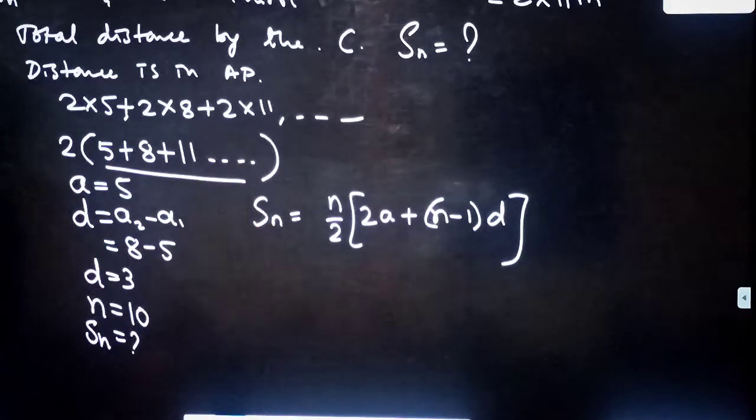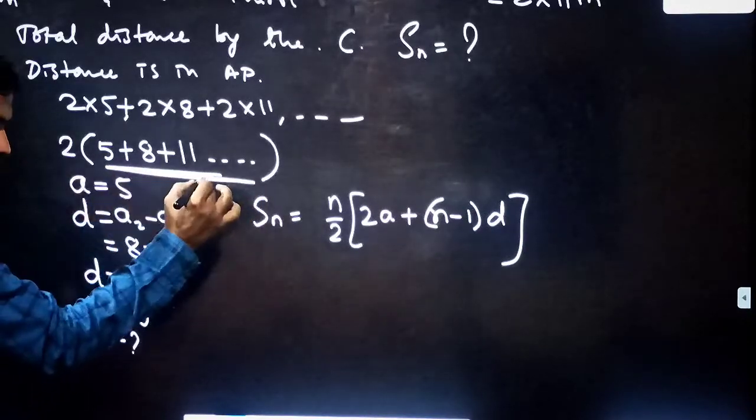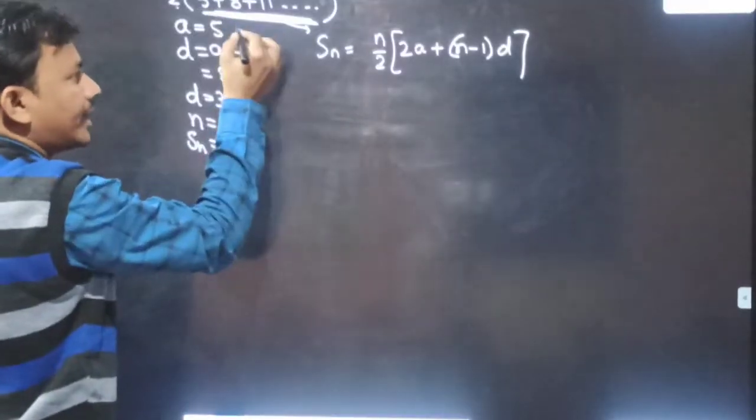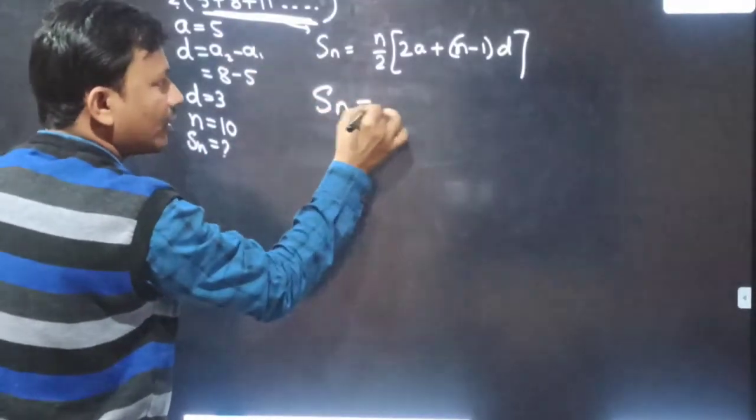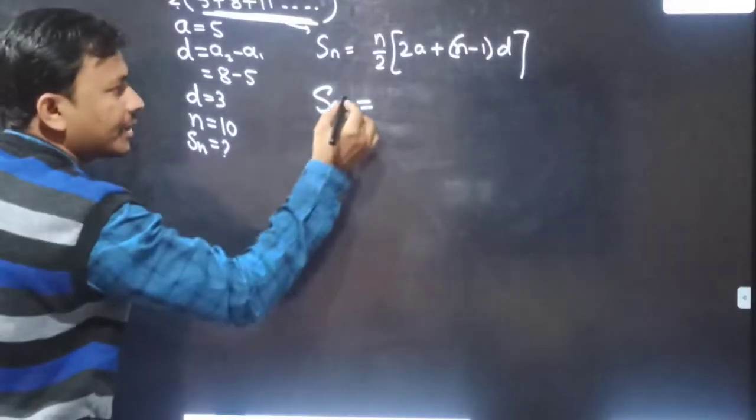Yes or no? This formula is applicable only for these numbers. Then what we need to do? 2 into Sn. First find out Sn, ಆಮೇಲೆ 2 ಲೆ multiply ಮಾಡಿ. Just find out the Sn value.